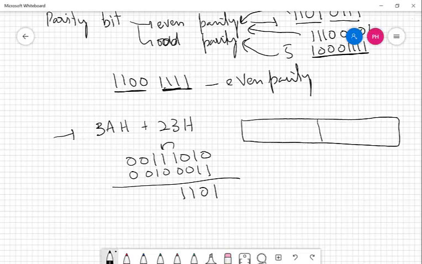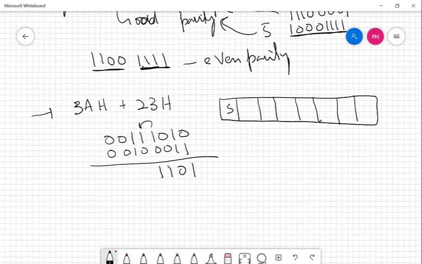So my flag register is here. Let me write it here.